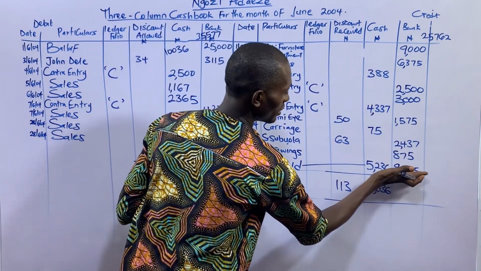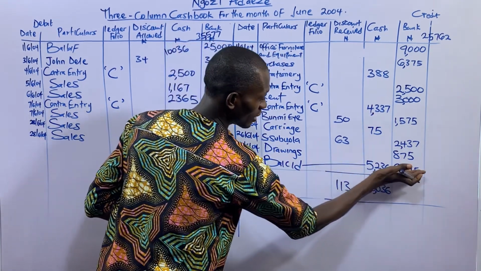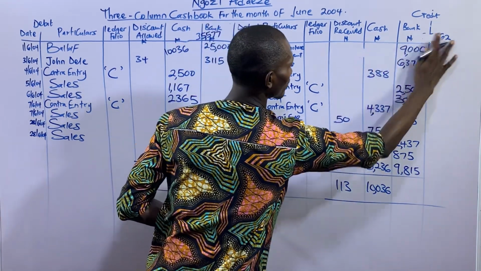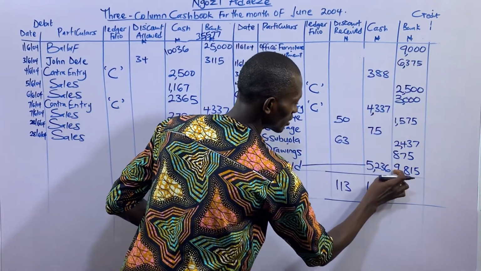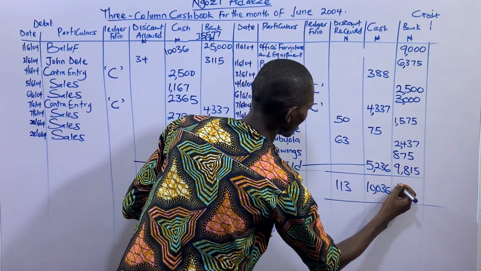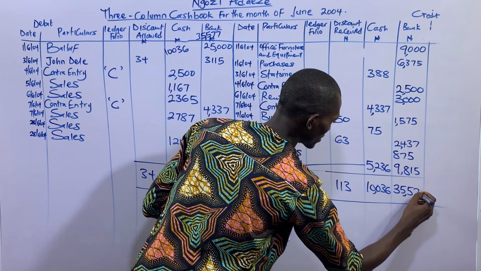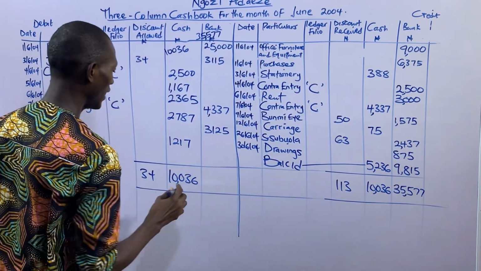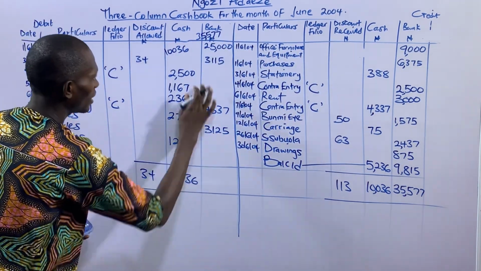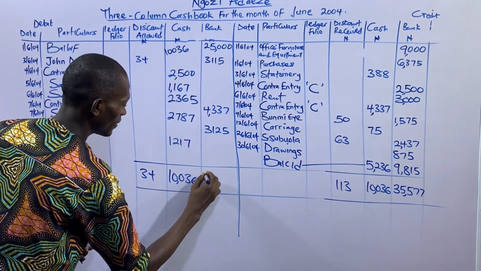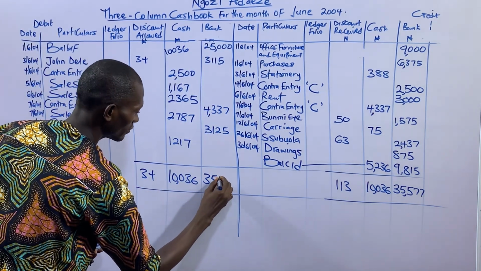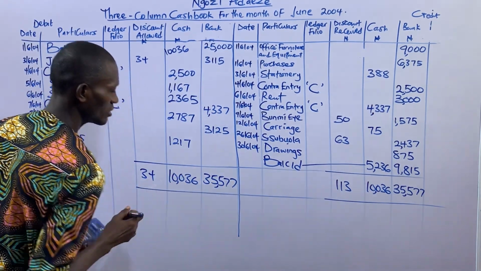So when we add the balance carried down for the bank column with all this, we have 35,577. Then the total of the bank column already is 35,577.